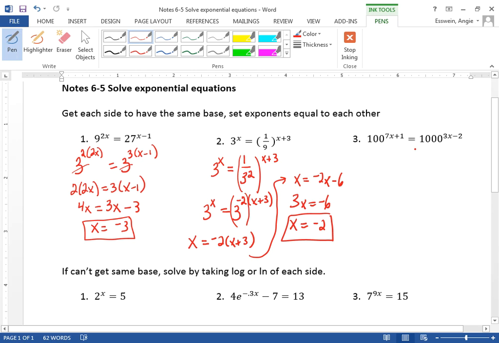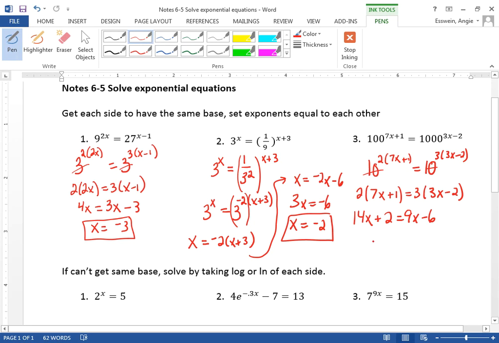Okay, so in this one, 10, 100, and 1,000, what's the common base? 10, good. So that's 10 squared, and this is 10 to the 3rd, good. And again, we just ignore the 10s now and set the exponents equal to each other. So you get 2 times 7x plus 1 equals 3 times 3x minus 2, or 14x plus 2 equals 9x minus 6.